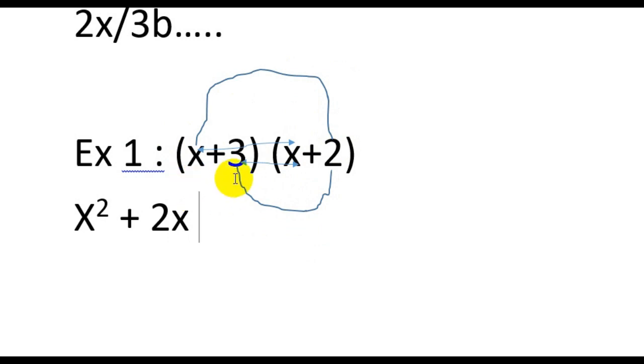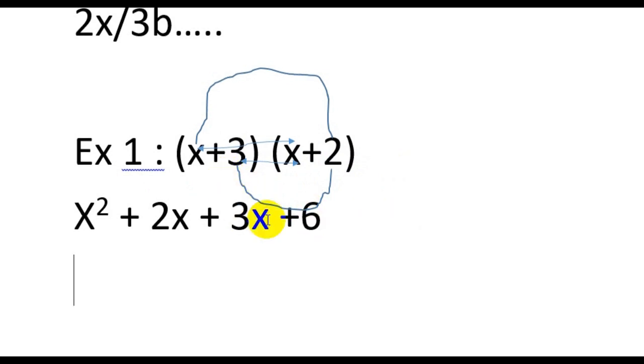Now we multiply 3 with this expression one by one. So 3 multiplied by x is 3x, and finally 3 multiplied by 2 is 6. Now you can see there are two similar terms, 2x plus 3x.